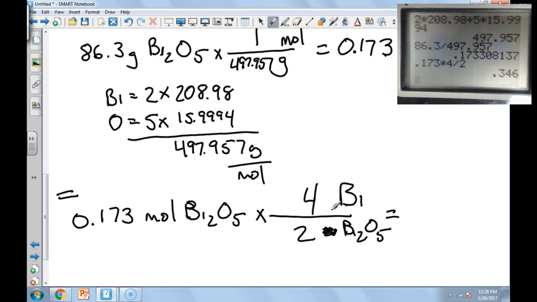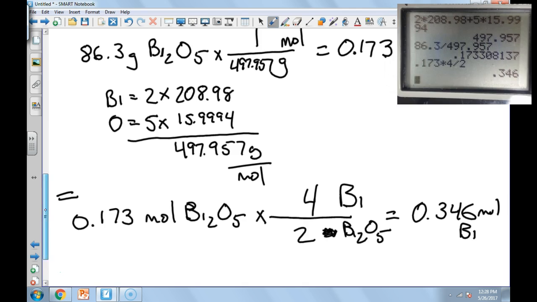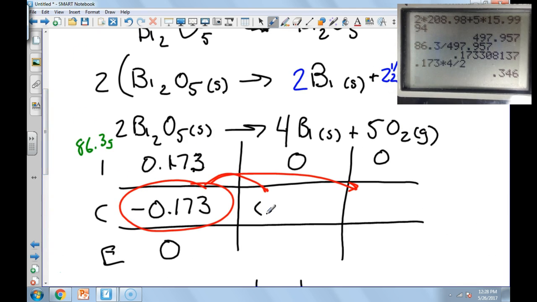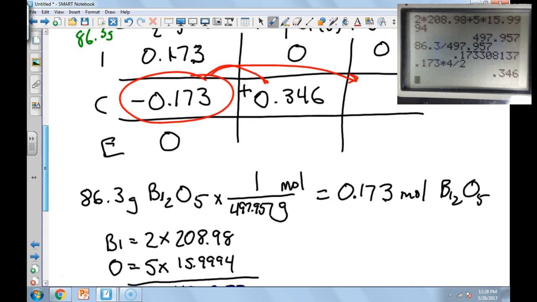Some of you may recognize that this reduces to 2, and so then you just multiply that by 2, so you get 0.346 moles of Bi. That can go here, 0.346 moles. And because this is a product, we're making it so it's a positive value.